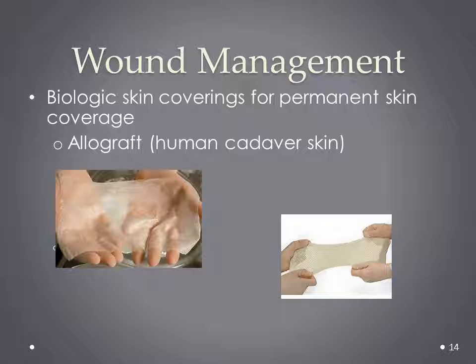Now we put the mesh directly onto the wound, and you just leave it there. It will naturally separate in the healing process when the wound heals. So you can think of it as a special dressing that's never changed. It lets you know when it's time because it naturally separates on its own.